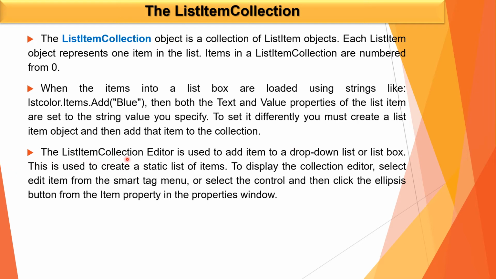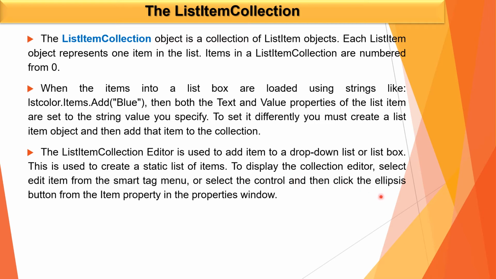The list item collection editor is used to add items to a drop-down list or list box. So in both the list box and the drop-down list, you can use the list item collection editor. This editor will be used to add the items in both the list box as well as the drop-down list. This is used to create a static list of items.